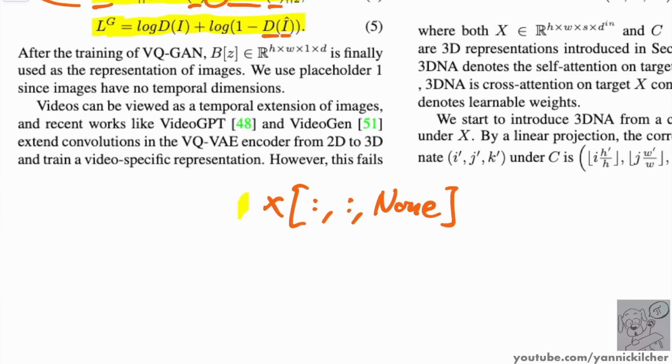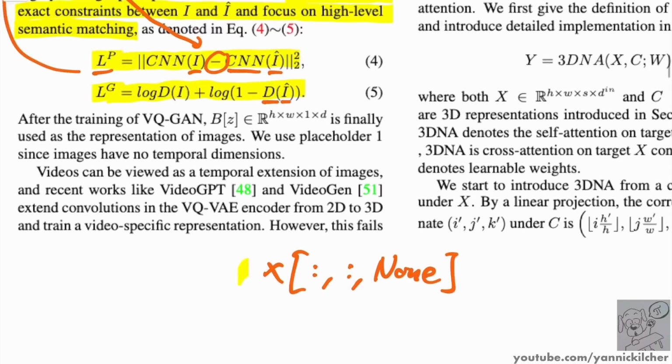You can also use expand dims or unsqueeze in PyTorch or anything like this to make it compatible, and essentially use the broadcasting functionality of the frameworks. That's essentially what they do here. They say we have an image, we have the latent representation, we simply add the placeholder dimension of 1, since images have no temporal dimension, it's just height and width.